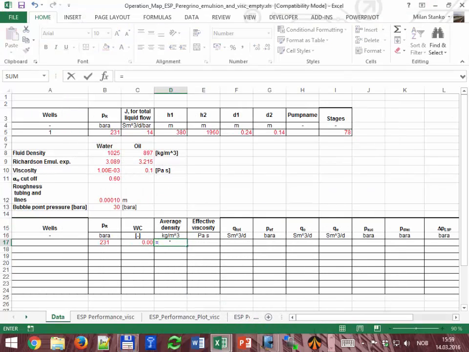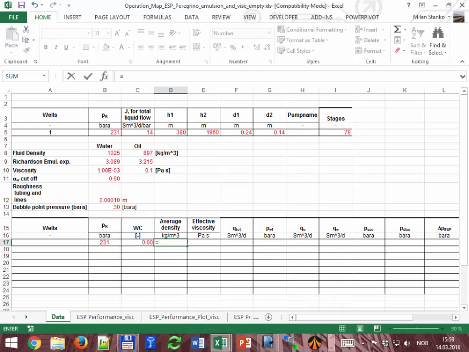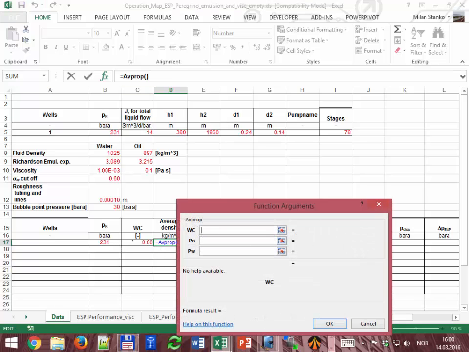So, what was the name? Avprop. The water cut, okay. And here we're going to make one approximation, okay. If formally, how do we have to calculate that volume fraction, water volume fraction? Do you know?